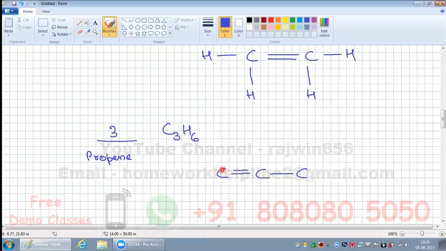Yes, now tell me how many hydrogen atoms will come on this carbon atom? 2. Correct. Because valency of carbon is 4, 2 bonds are already over here. You can show up or down any one of these bonds. These 2 hydrogen atoms will come over here. On the second carbon atom, how many hydrogen atoms will come?